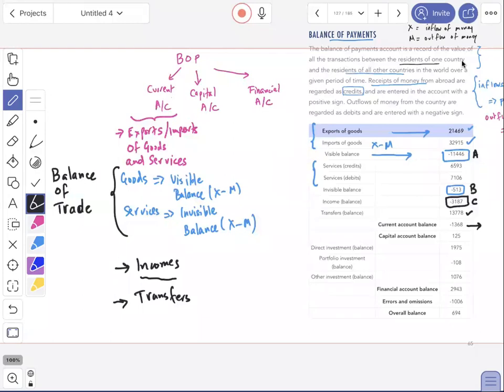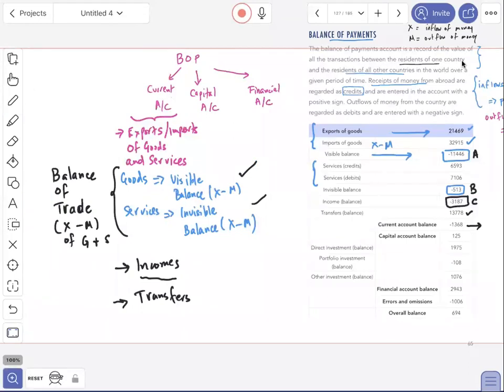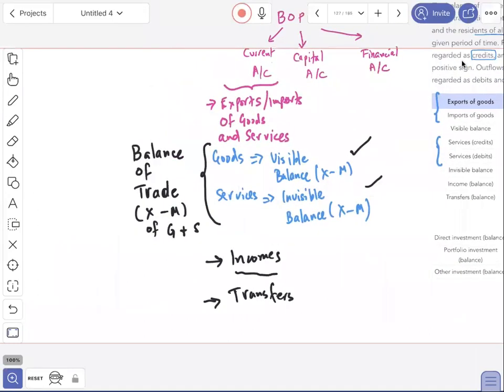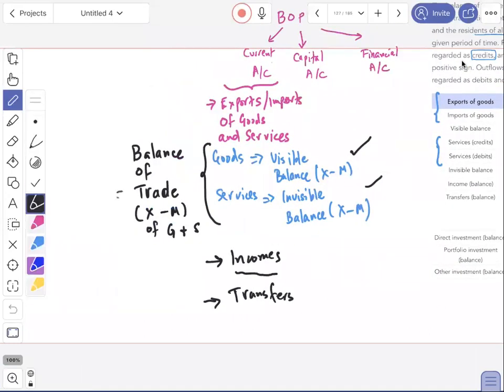So if somebody asks you in your MCQs, what is balance of trade? Balance of trade is your X minus M of goods and services. In short, it's your visible plus invisible balance. Got it? Does that make sense?